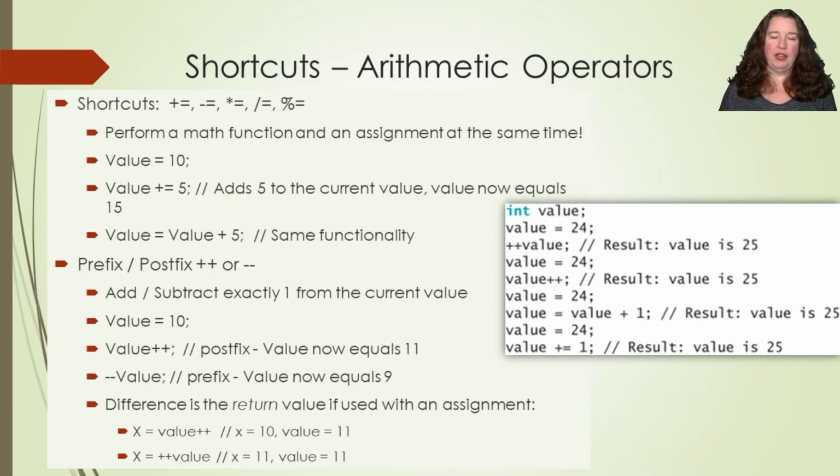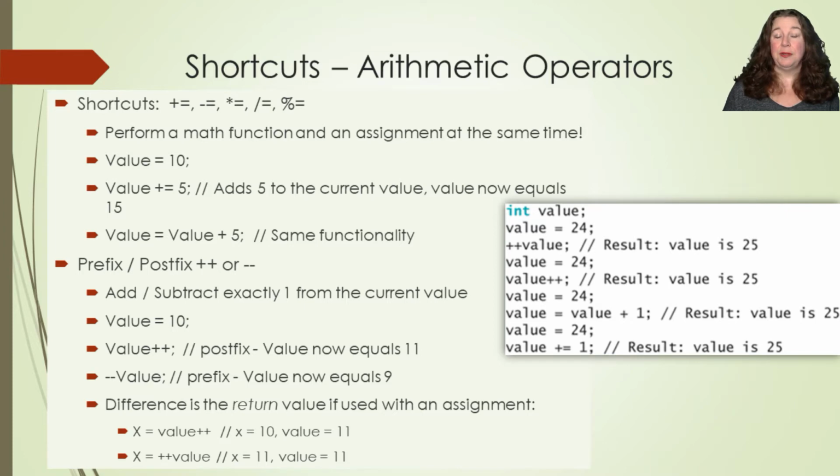If I do a value of 10 and I do a minus minus, my value is now 9. So the prefix and the postfix of plus plus and minus minus allow us to easily increment or decrement our variable. You can choose to put your prefix or postfix in front of or behind the variable name. So I can say value plus plus, and I can say plus plus value.